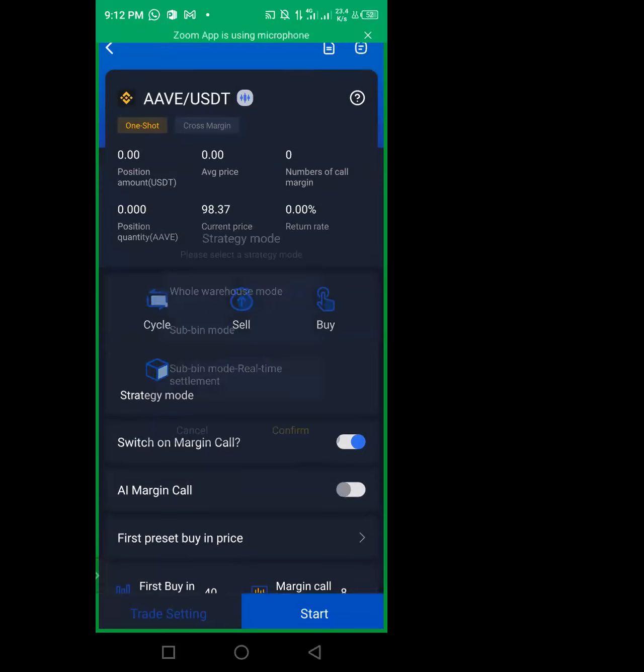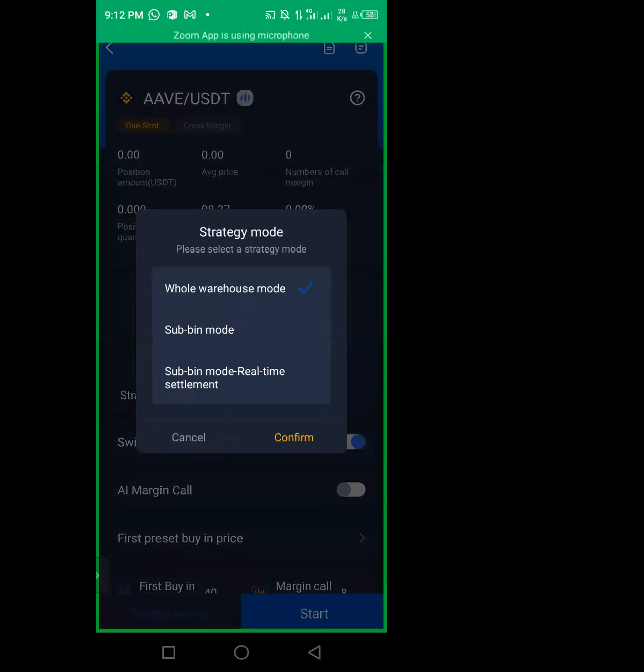What it means is that cross margin is the same thing as the whole warehouse mode. It means that you see the businessman I told you about that owns a provision store that went to the market to buy bags of rice at different prices. If the businessman is using the whole warehouse mode, he is going to sell all those bags of rice at 55,000 or 60,000.